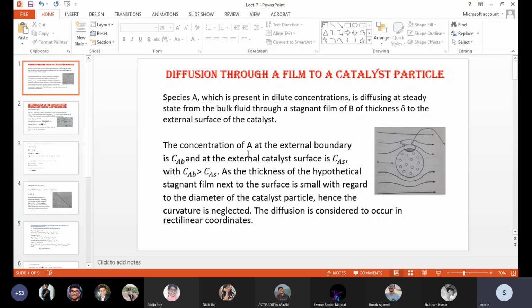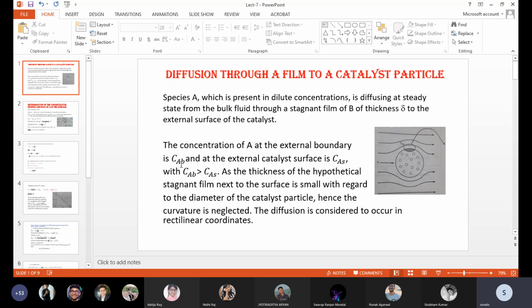The concentration of A at the external boundary, in the bulk, is CAB, and at the external catalyst surface is CAS. That means on the surface actually.